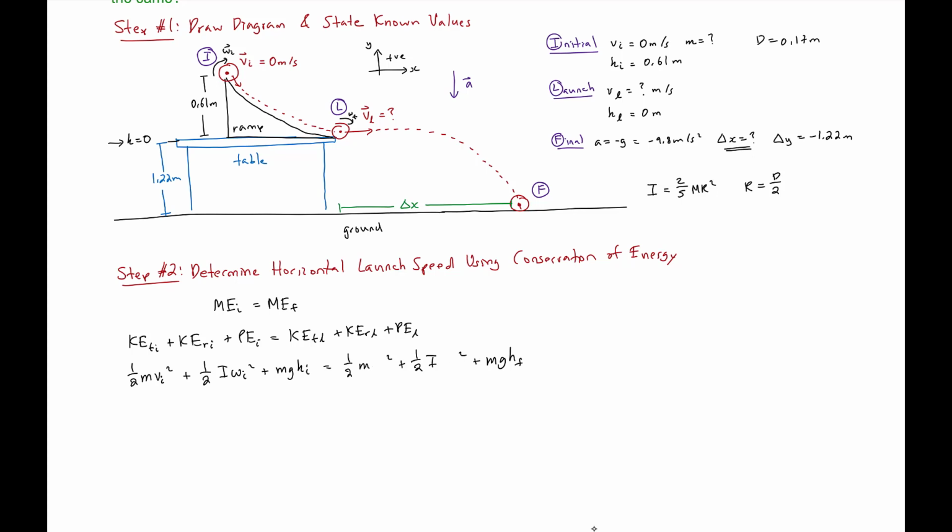And probably shouldn't have labeled it as f because we used launch here, so we have 1/2 m v_L squared plus 1/2 I omega_L squared plus m g h_L. h_L, not squared.